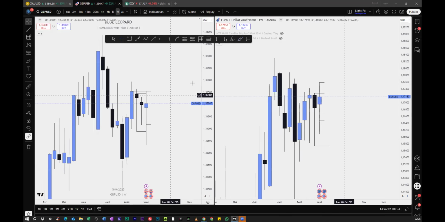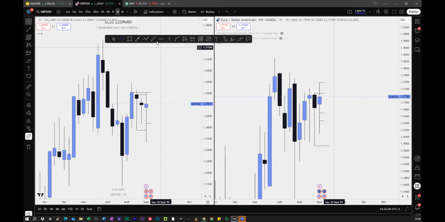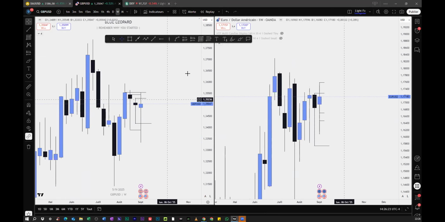What do we have on GBP USD? On GBP USD, you can see there's a difference. We swept all the liquidity on the higher side, buy side and sell side, and we even swept the lowest point again, which gave us, okay, go back on the weekly. Here it's also on the weekly. You have a divergence here. You see this?